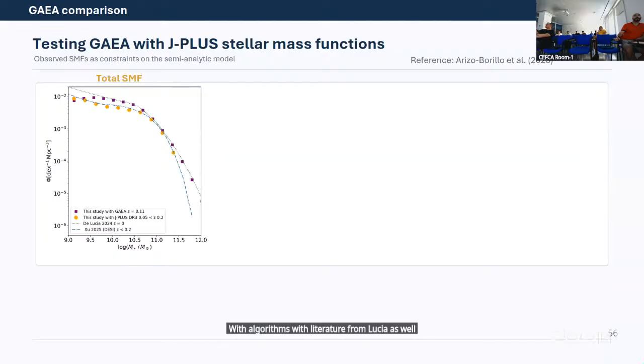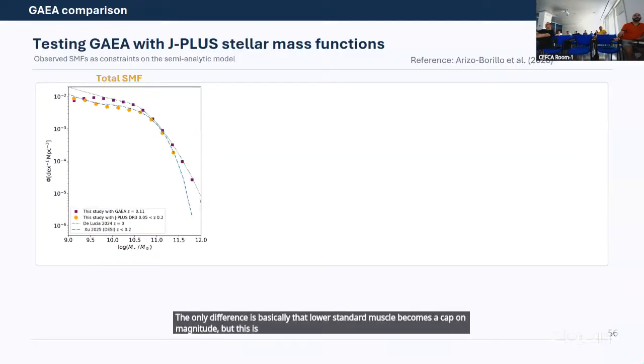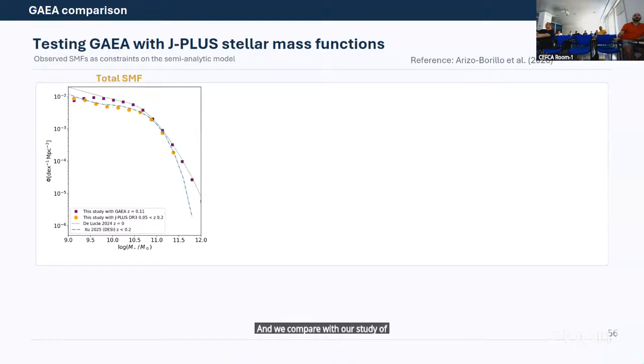The only difference is basically at low stellar masses, because basically we are having a cap on magnitude, but this is very typical. And we compare with our study of J-PLUS in orange circles, and basically you can see that there is like a gamma difference.